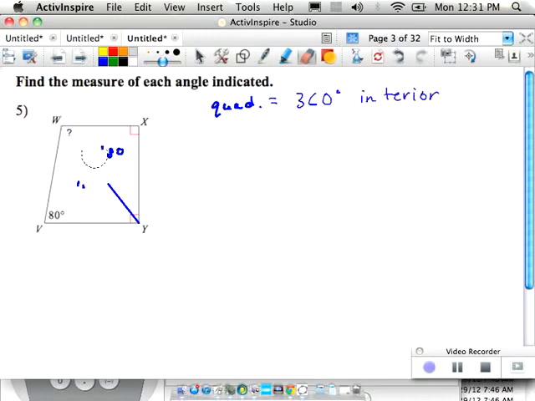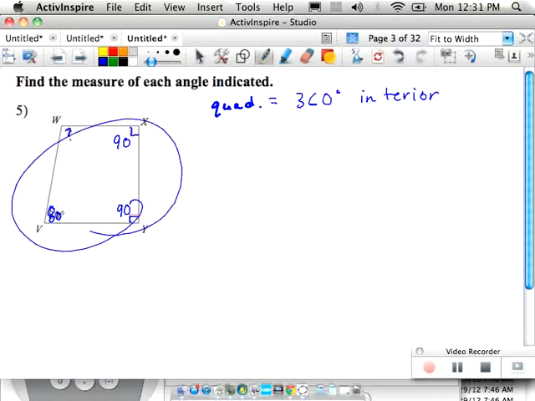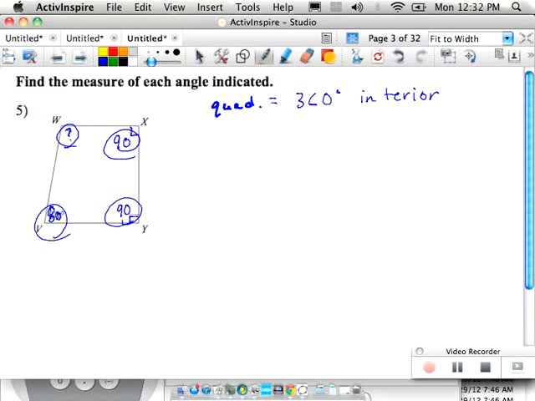I'm going to use that information now. I know that there's 360 degrees on the interior. These two here are 90 based on the right angle corner. And this third one is 80. Now the question mark is the only one I don't know. But all together, if I add up each one, totaling it with all four of them, it's going to equal 360.